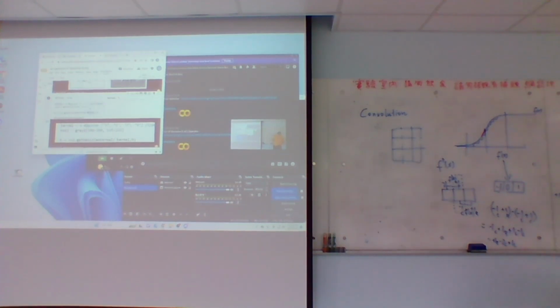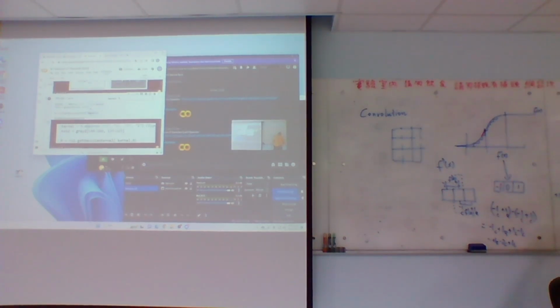But of course, I only have a convolution mask. I still want to implement this as a convolution mask. So I cannot take all the points here. I can just take certain points where the pixels are. And the getGaussianKernel function in OpenCV returns the Gaussian kernel for a particular size.